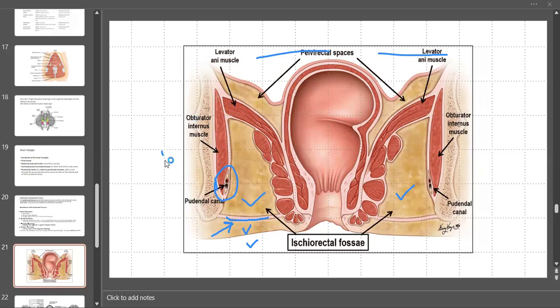Okay, we're going on the lateral side now. What is on the lateral side? This is the structure we're talking about. This yellow one. This is ischiorectal fossa.